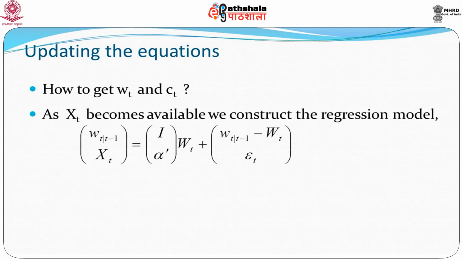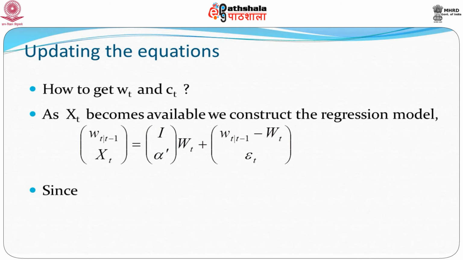So, we can take this together. The first is a set of identities which we put slightly differently, taking Wt given t minus 1 as capital Wt plus Wt given t minus 1 minus Wt, and the second as the original observation equation itself.